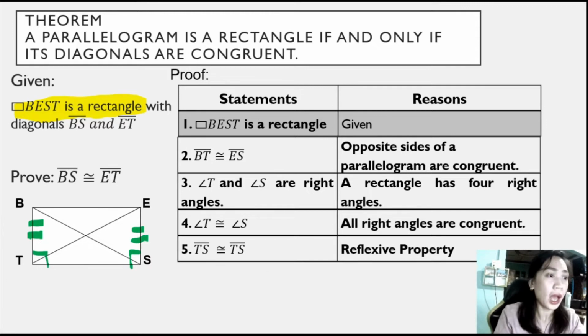Next, side TS is congruent to the same side, which is TS, using the reflexive property.